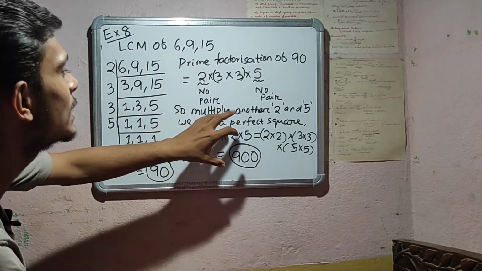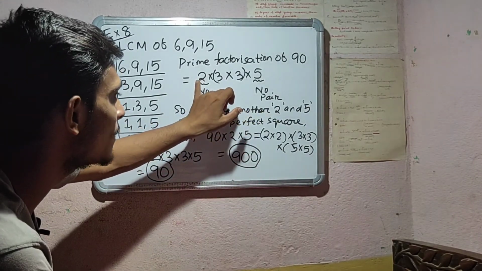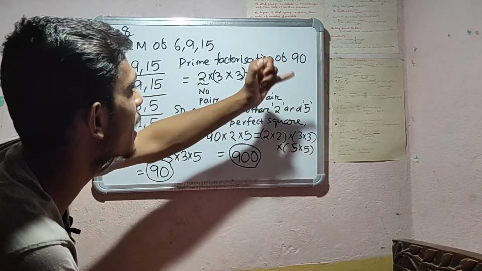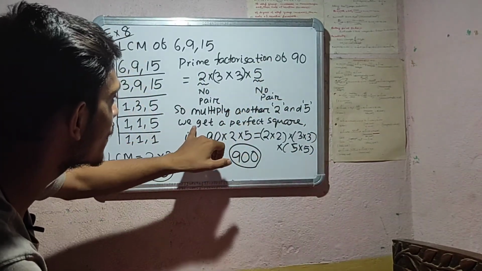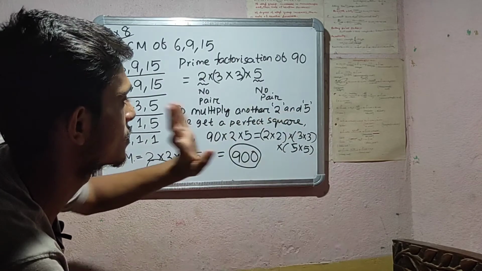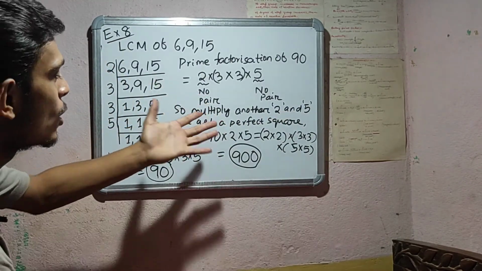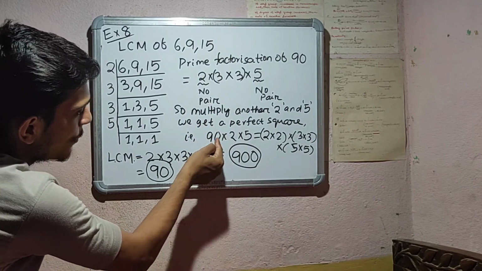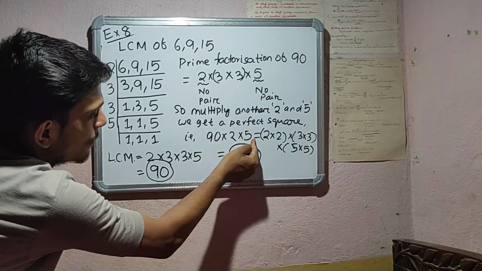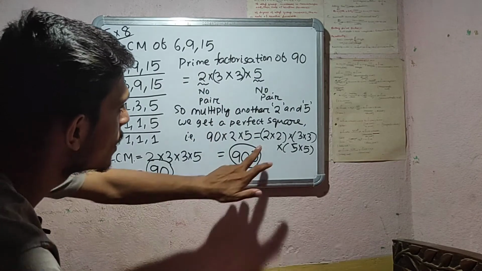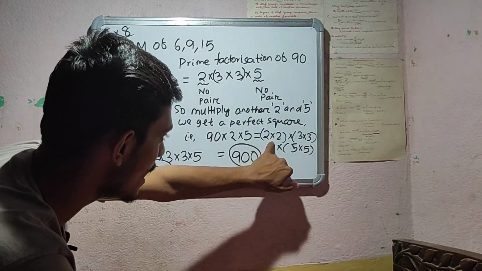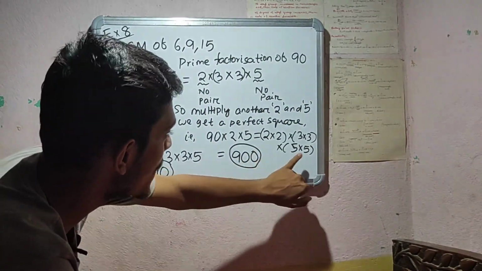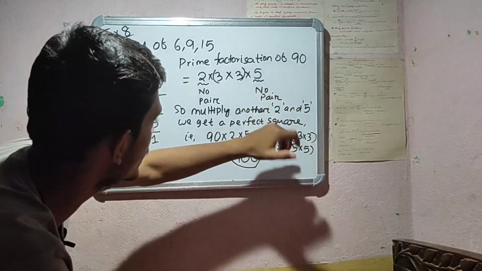So we have to multiply another 2 for pairing of 2 and another 5 for pairing of 5. Making pairs of 5 and 2, we get a perfect square. So that step I have done: I multiply 90 with 2 and 5. 2 makes a pair, 5 also makes a pair, and 3 was the pair.